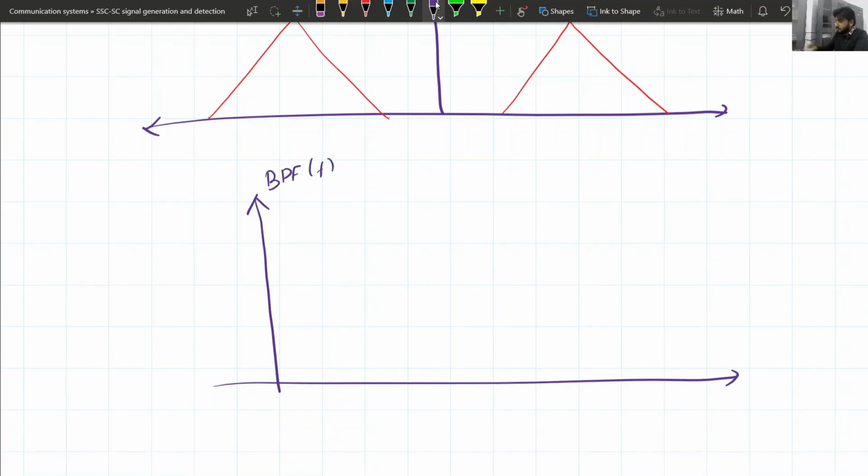Let's say in frequency domain we represent a band pass signal as follows.